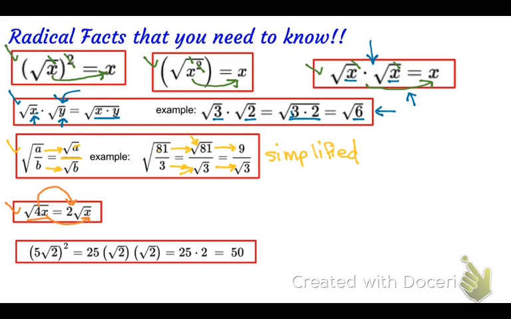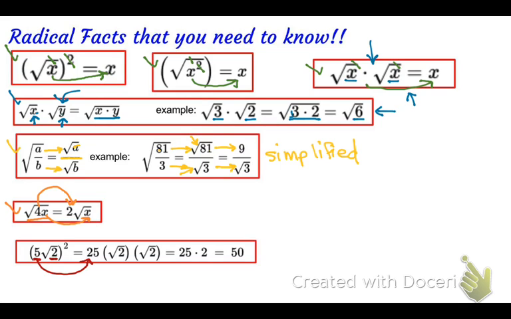Now here's another example where you have an integer 5 times a square root. This time it happens to be the square root of 2, and we're squaring it. Right off the bat, we know that the square of 5 is 25. So we get that done. Now we have to square the square root of 2.